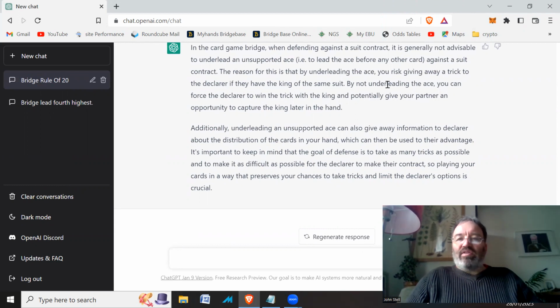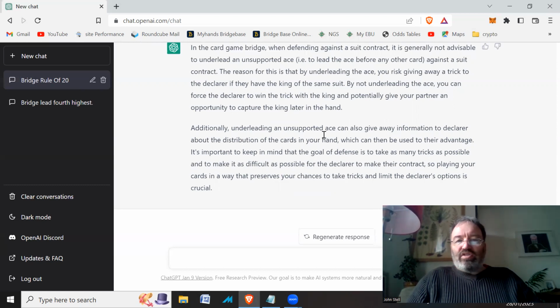By not underleading the ace, you can force a declarer to win the trick with the king and potentially give your partner an opportunity to capture the king later in the hand.